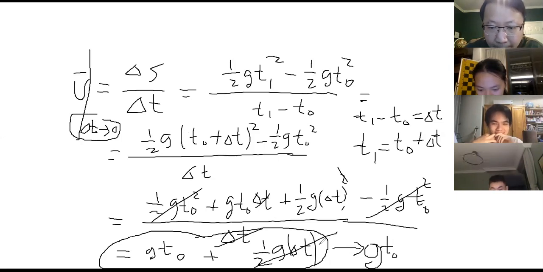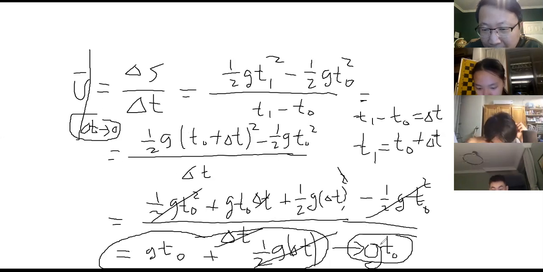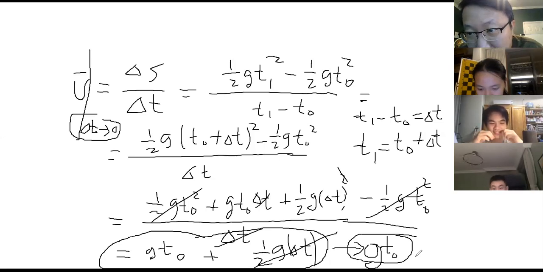So that's why now speed at t0 is really g t0. So really means at 4 seconds, t0 is 4 seconds. So the accurate velocity should be 40.